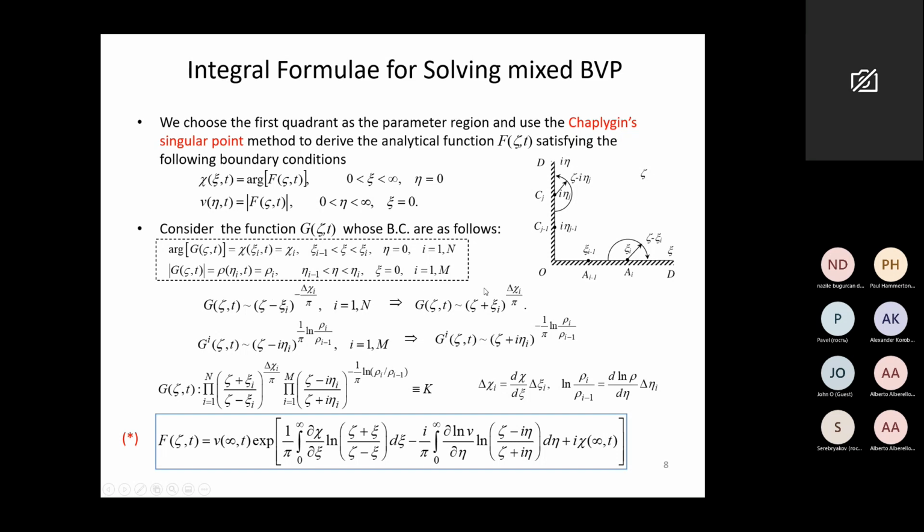So when we move around the point psi I minus 1, the argument changes by delta chi. So we can see that we need to put a singularity of this order into the function we are trying to find. It may be a zero, it may be a pole, depending on the value of delta chi.